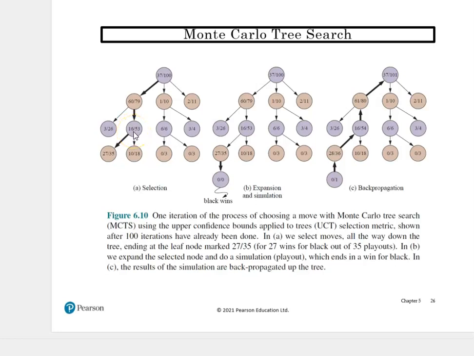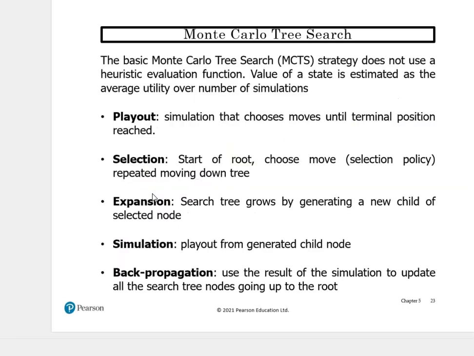And then finally here, we see that again, the average win percent here is 27 out of 35, which is higher than 10 over 18. So we're going to go down this way. So this is called the selection. So start at the root, choose a move, and then repeat moving down the tree.